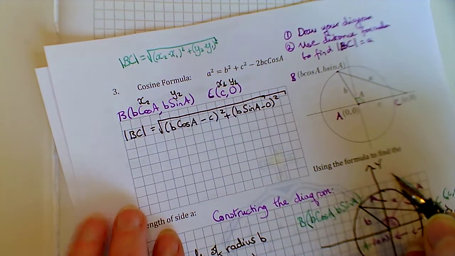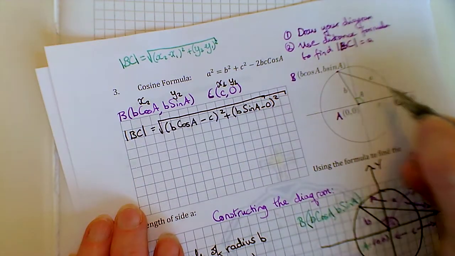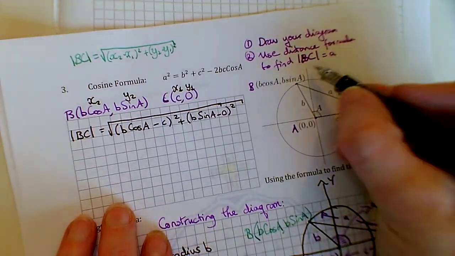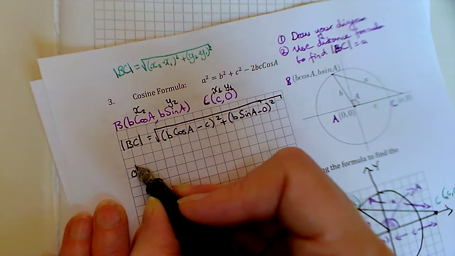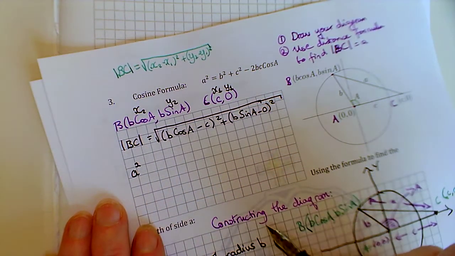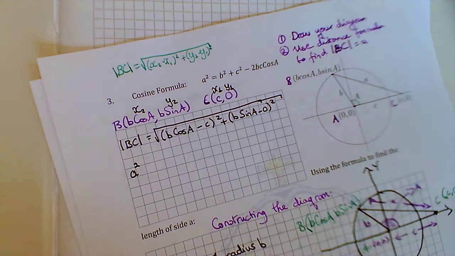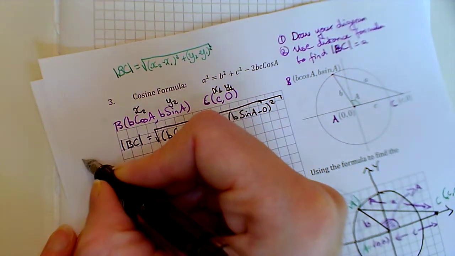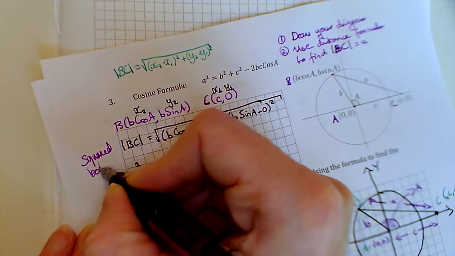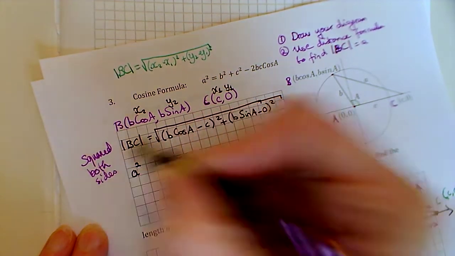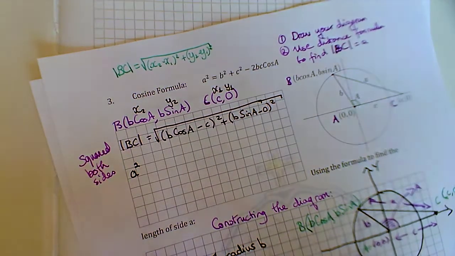Okay, that's just the distance formula. Now, B to C is little a. So we'll replace that, and I'm going to square both sides as well to get rid of the square root sign.